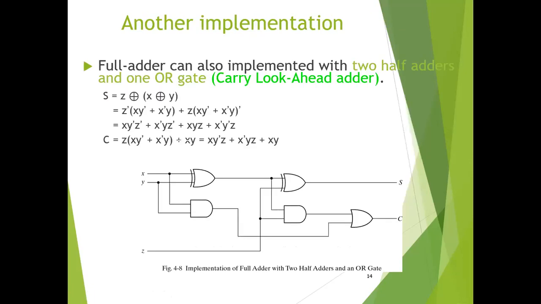We can also implement the full adder circuit by using two half adder circuits and an OR gate, which is another implementation of the full adder circuit. Full adder by using these two half adders and an OR gate, also known as the carry look ahead adder. Okay, we will see that.